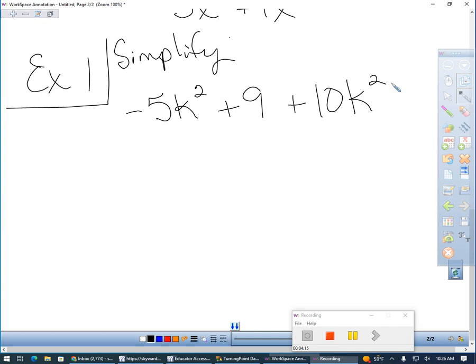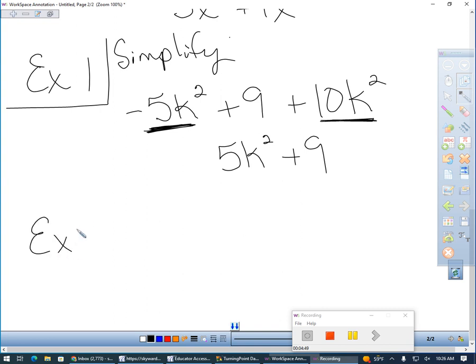I can only combine the things with the exact same label on them. So the negative 5k squared and the positive 10k squared are our like terms. We add those coefficients together and it got us 5k squared. And then we had a 9 left over, or plus 9.